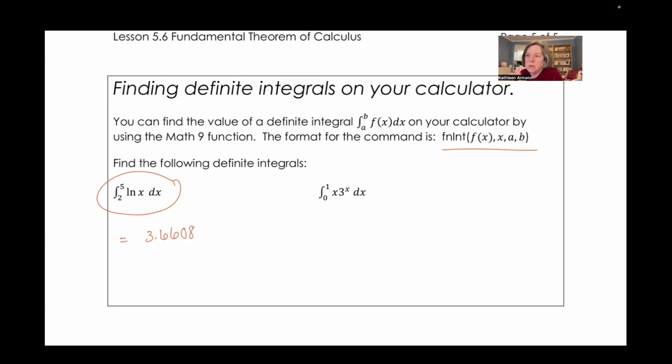You always give 3 decimal places. You can either truncate or you can round. So we can say 3.660 or 3.661. This one you should be getting 1.0736. So you can say 1.073 if you just truncate, or if you round, you can say 1.074. All right, that's it, folks.